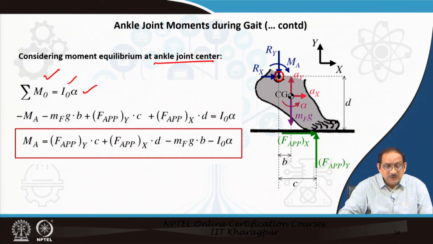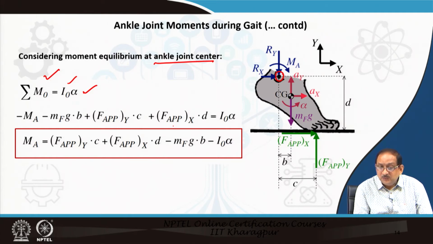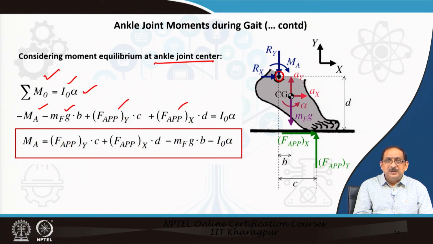If we take moment about this joint center, the left hand side is actually the moments due to the forces, the x and y components of the ground reaction forces, the moment due to the gravitational weight of the segment, and of course, we have the Ma, which is the moment about the joint center that we need to find out.